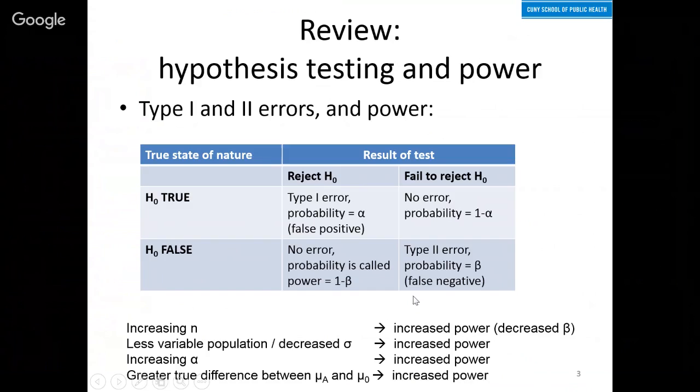So when you increase your power, you lower your chances of making a type 2 error? Right. High power means less chance of a type 2 error, and power is just equal to 1 minus the type 2 error probability. So a power of 90% means you have a 10% probability of type 2 error.